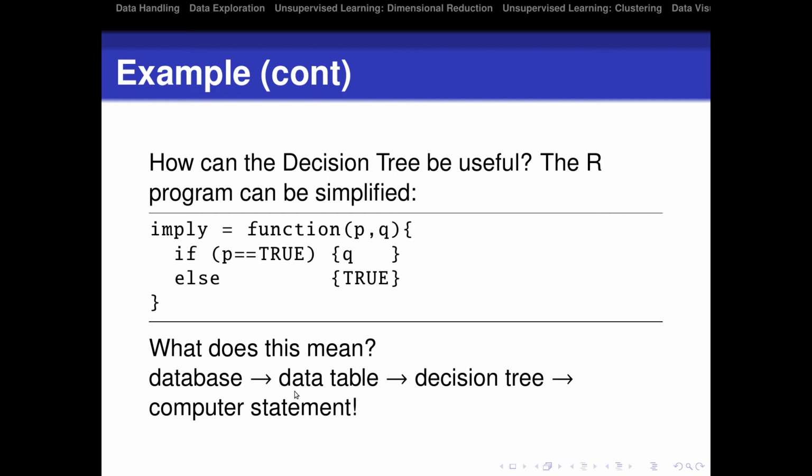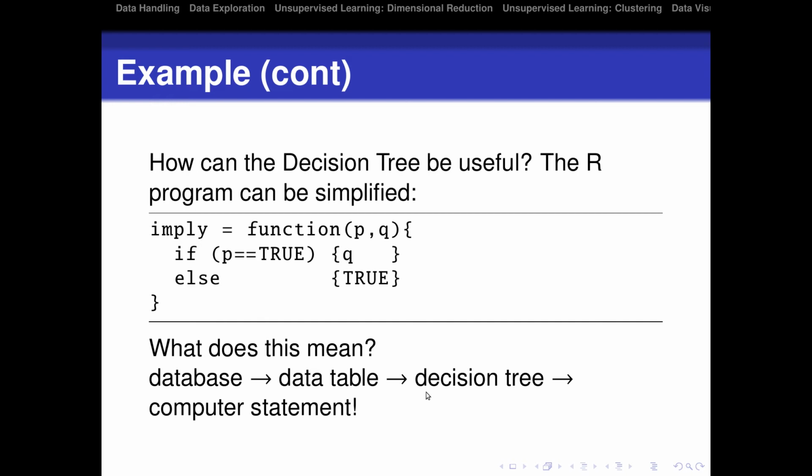Then normally what we would be doing is we would want to extract information from the database. In order to do that, we need to perform a query, something like asking the database to supply the data. Once we get the data, we want to put it into tabular form, which is familiar to us, so that's why we have a data table.